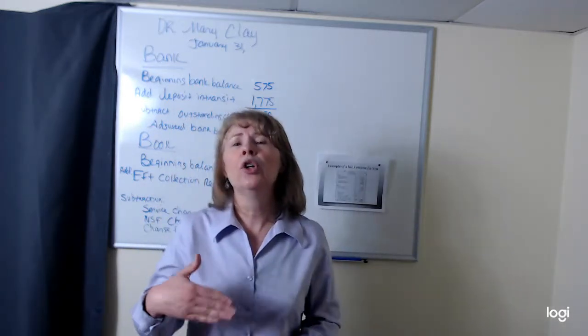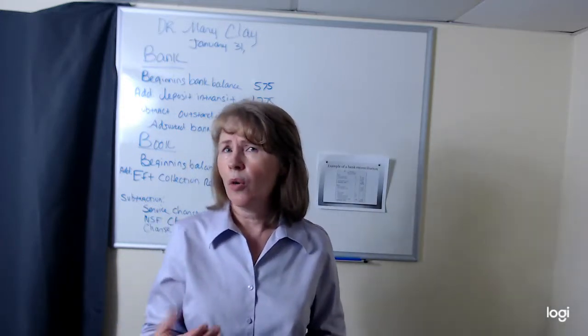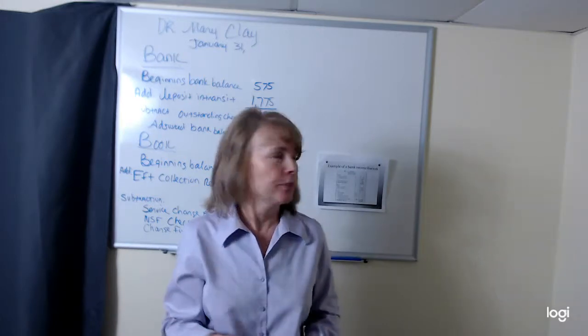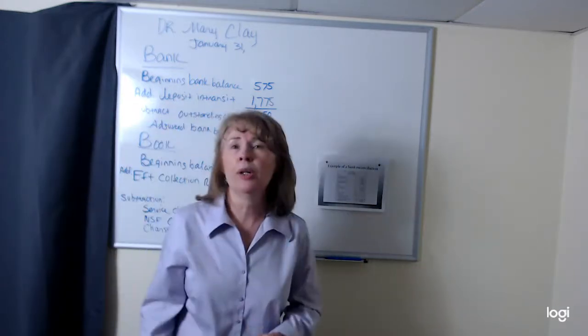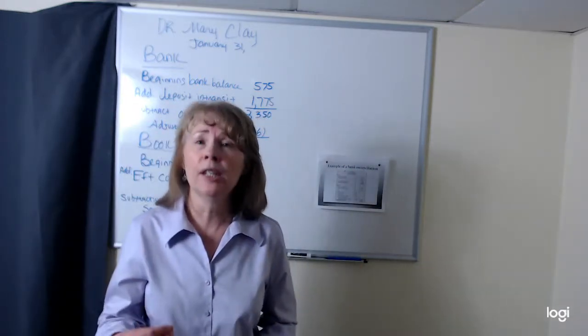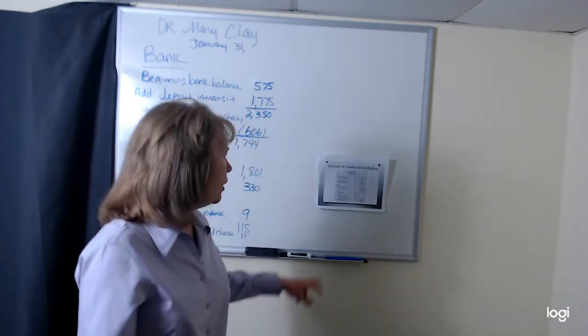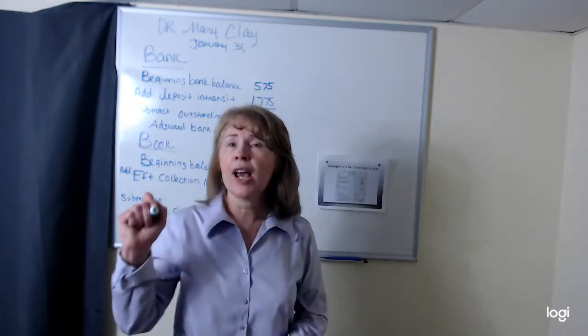So when you're going through, you're thinking, did they take out too much or did they take out too little on that error? In this case, this is a correction of book error. What happened was the bookkeeper wrote out a check for $280. She wrote the check out correctly.